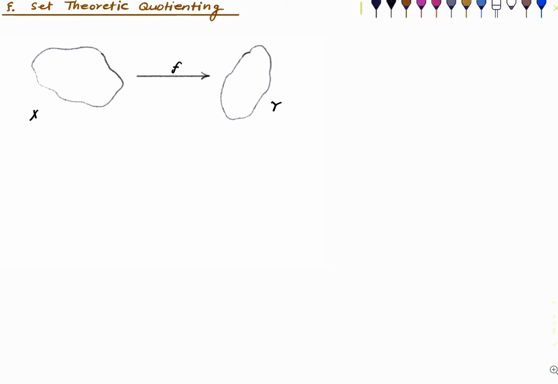Or you can note that non-empty fibers are precisely the equivalence classes under a certain equivalence relation called the fiber relation. And hence non-empty fibers partition the entire domain, because equivalence classes always partition the set on which you define the relation. So the set X gets partitioned into equivalence classes.